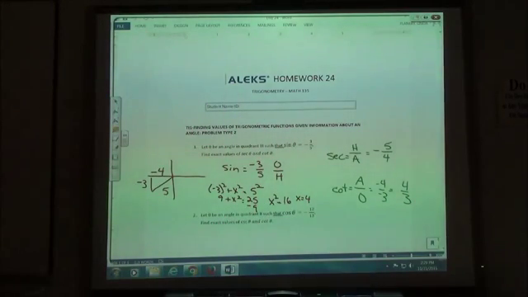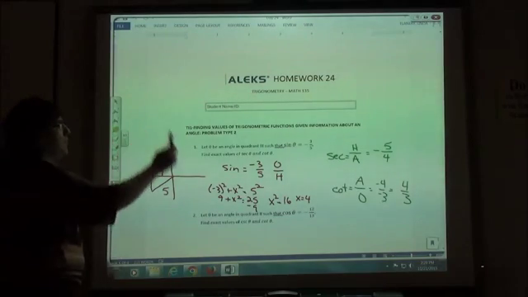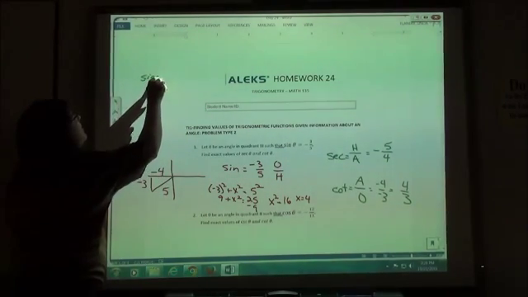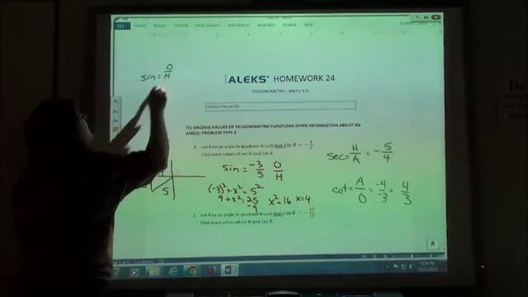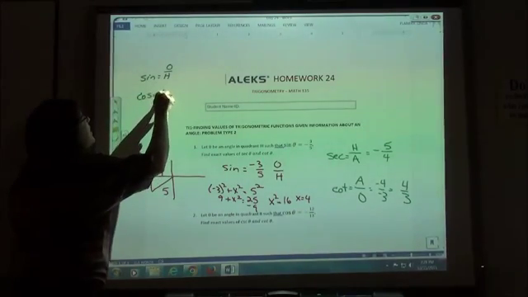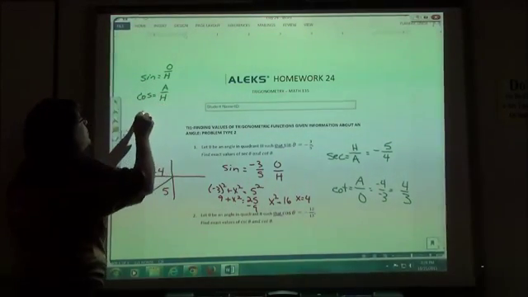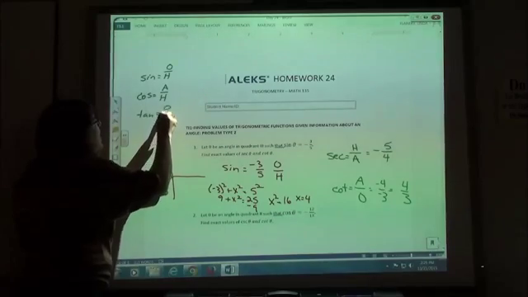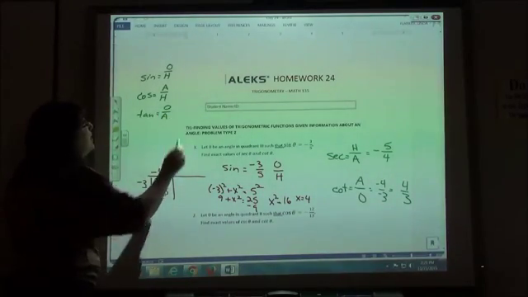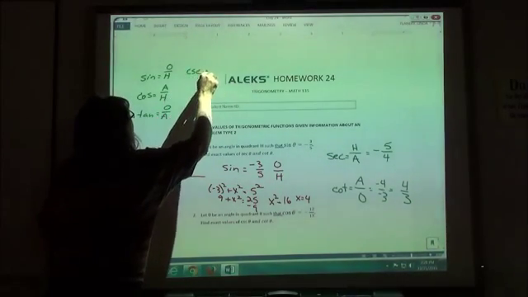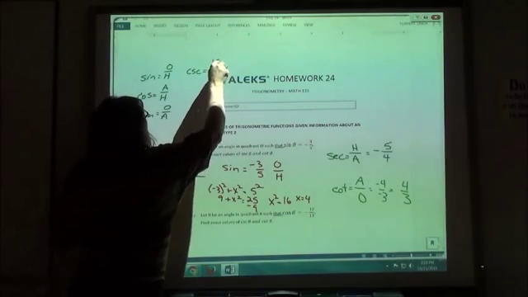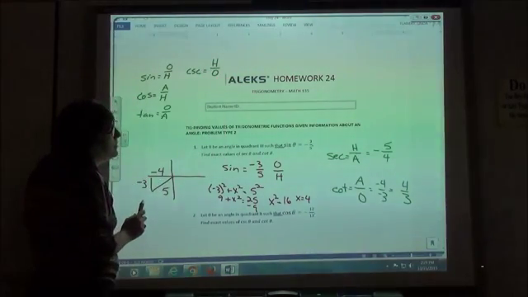So just like we did before, if we can draw a reference triangle in there, find our missing side, we can then go ahead and answer. Keep in mind, if you've forgotten, sine is opposite over hypotenuse, cosine is adjacent over hypotenuse, tangent is opposite over adjacent. The cosecant is the inverse of the sine, so hypotenuse over opposite.